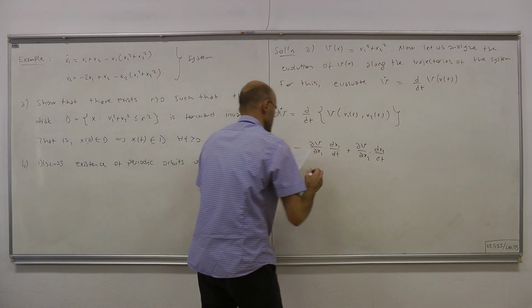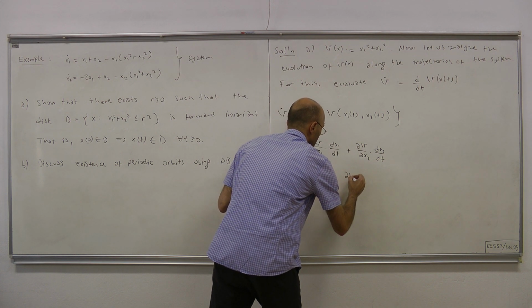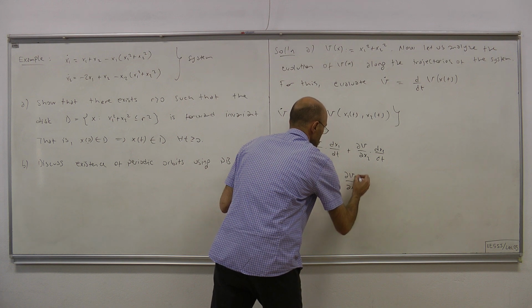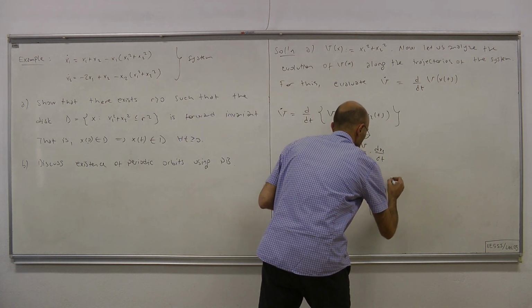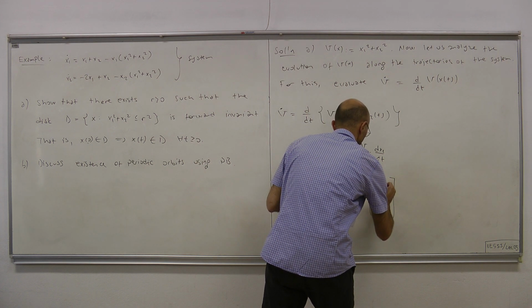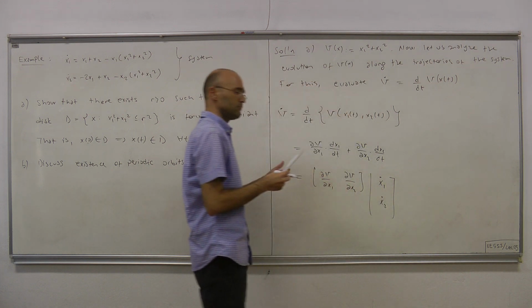We can write this as the row vector partial V partial x1, partial V partial x2, multiplying the column vector x1 dot, x2 dot.